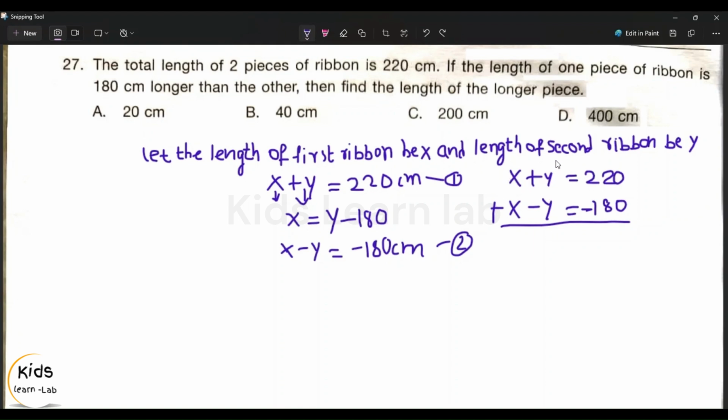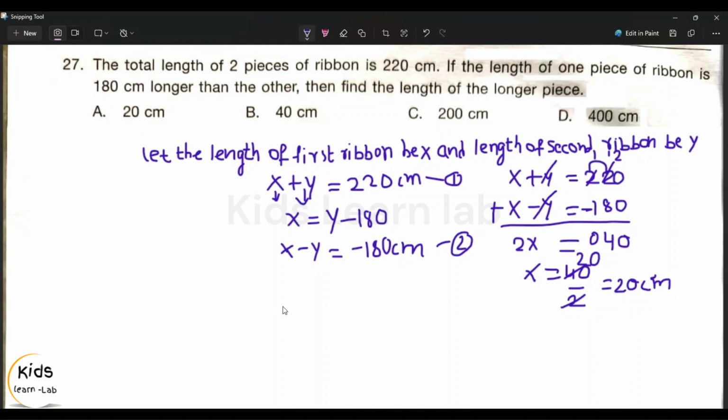Plus y minus y gets cancelled. x plus x is 2x, equal to 220 minus 180. 0 minus 0 is 0. 2 minus 8 will not go, so take a borrow, it becomes 12. 12 minus 8 is 4. 1 went as borrow, so this becomes 1. 1 minus 1 is 0. So x is equal to 40 divided by 2. 2 ones are 2, 2 twos are 4, 2 zeros are 0. So we got x as 20 centimeters.